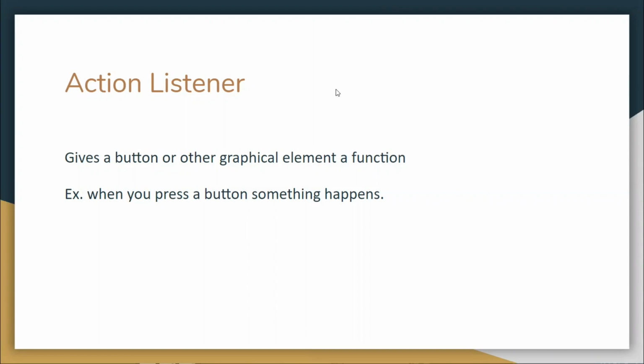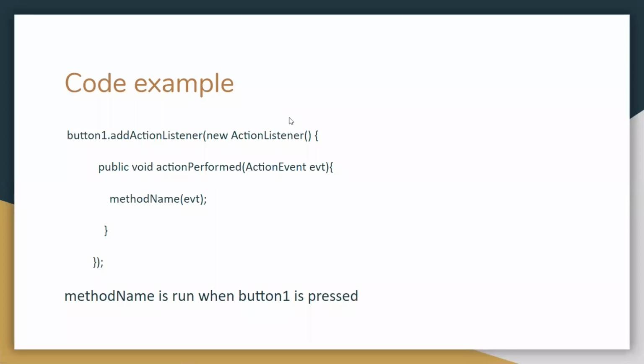Action listener. So what action listener is that it gives the button, for the specific case of our calculator or any other graphical element, a function. So basically what this means is that when you press the button, something happens. So how do we create an action listener on a button?